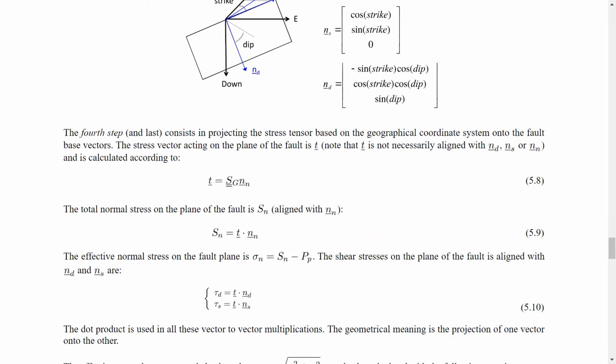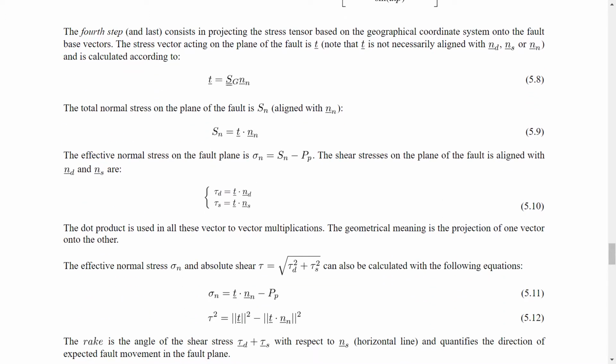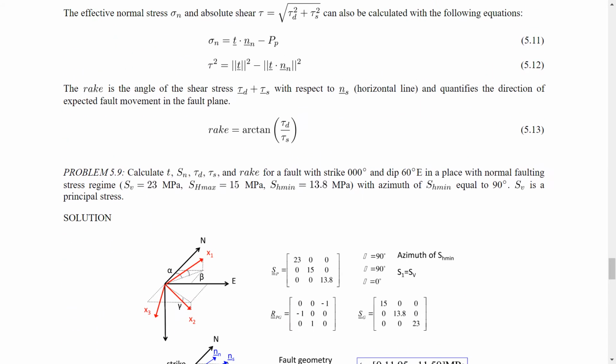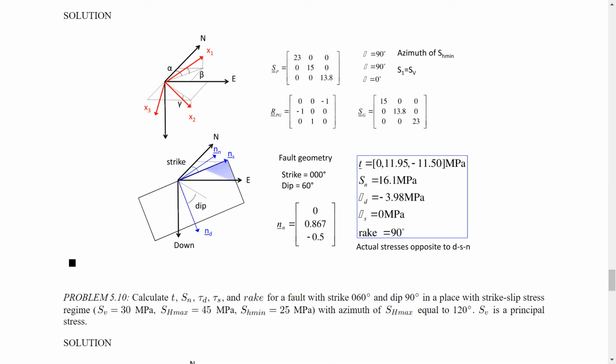Once you have that, you will be able to write these vectors. And with those vectors, you multiply the stress times a vector, and that will give you the normal stresses and shear stresses on any plane. It doesn't matter what this orientation is. Using this tensor method, you'll be able to calculate those stresses. And here, for example, you see the same example that we solved with the Mohr circle method, now solved with this tensor method.